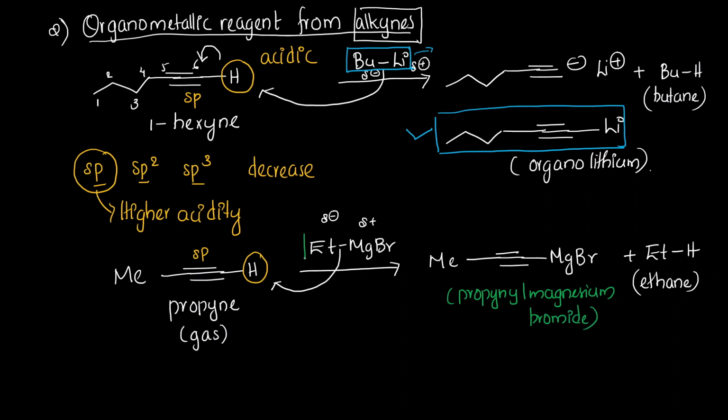So by using ethyl magnesium bromide and treating that with an alkyne, you generate another Grignard reagent, that is the propynyl magnesium bromide. Now we will do some examples to make your understanding better about this topic. So I have shown here this compound.